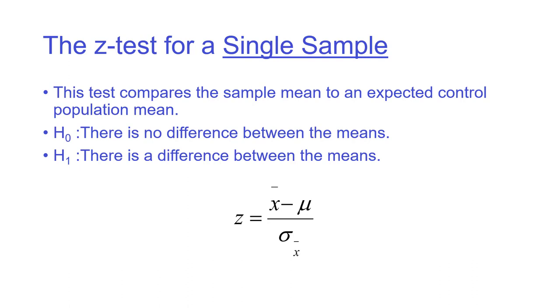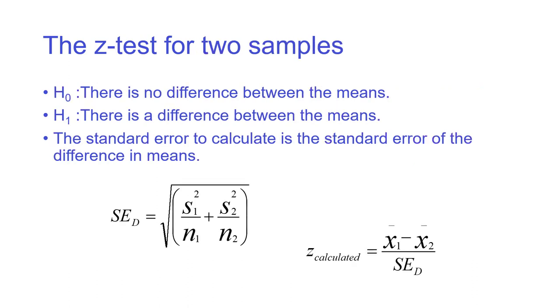Now the problem is, do you need to estimate the standard error of the mean? That can be tricky, so you usually use the standard deviation of the sample divided by the square root of the sample size.